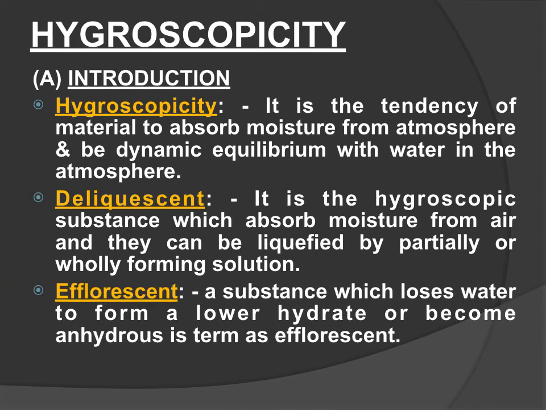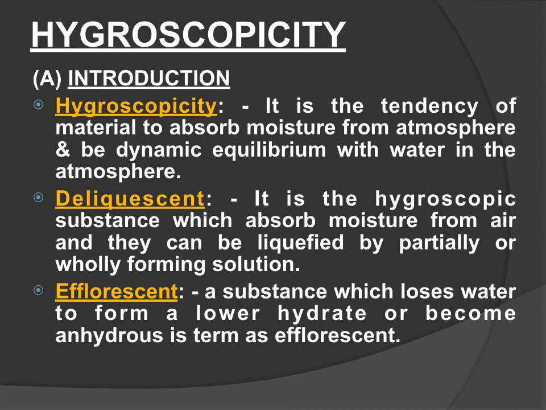Efflorescent is the opposite of hygroscopic powder. If the powder is efflorescent, it has an affinity to lose water to the atmosphere. Even if it is a hydrate, it may lose its water of crystallization and become a lower hydrate, or it may become anhydrous.